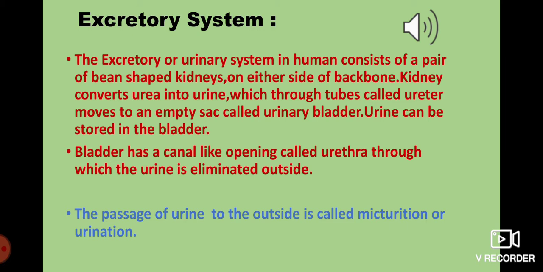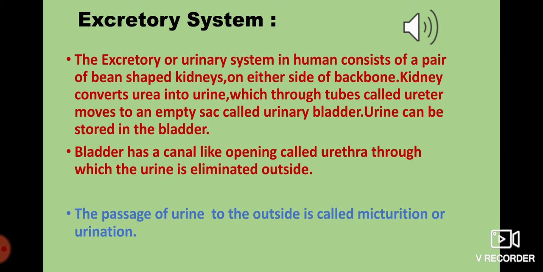From the liver, the urea goes through the bloodstream to the kidney, where it leads to the formation of urine. That urea mixes with different salts, water and so on, and together they form urine. And from the kidney, pipes come out.